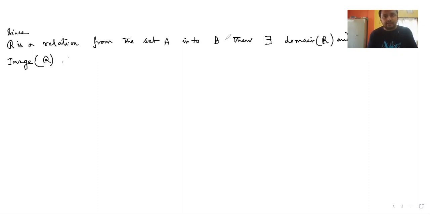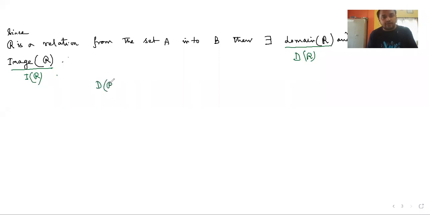So I have to write the definition. The domain, which we can denote by D of R in short, and the image, which I am denoting by I of R, can be defined in the following manner.